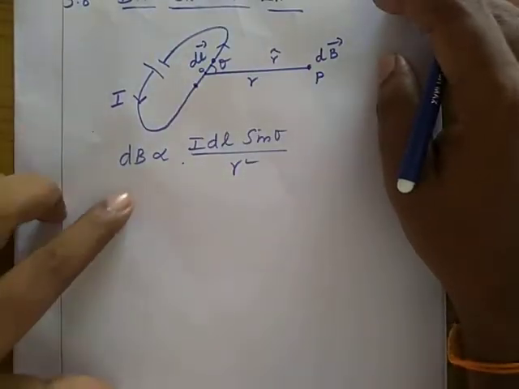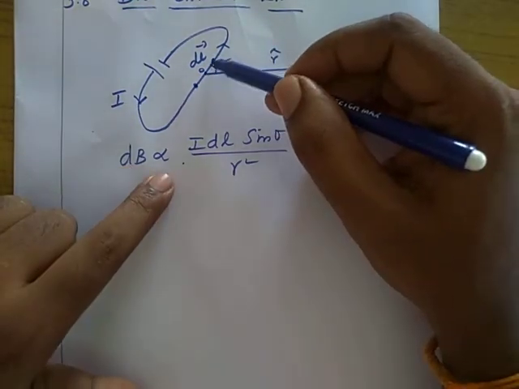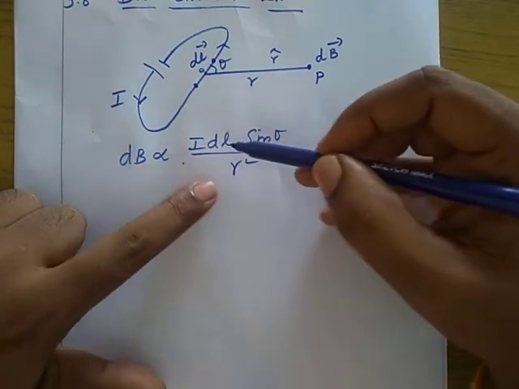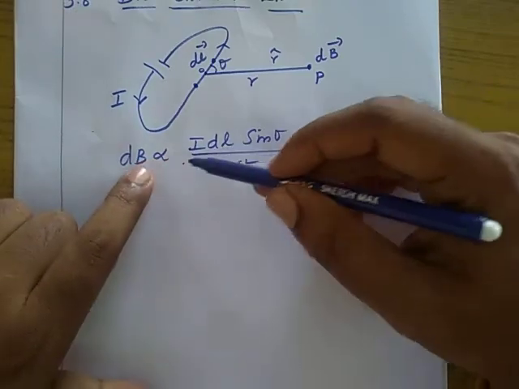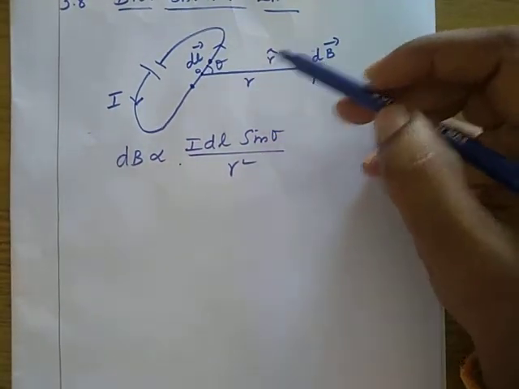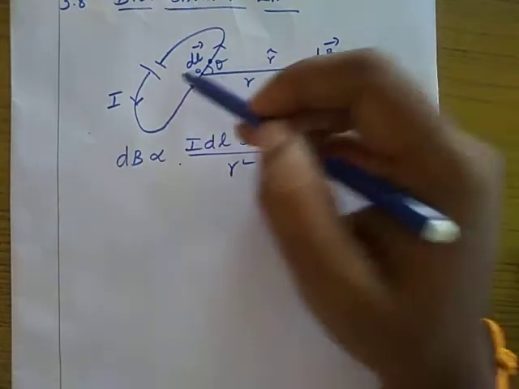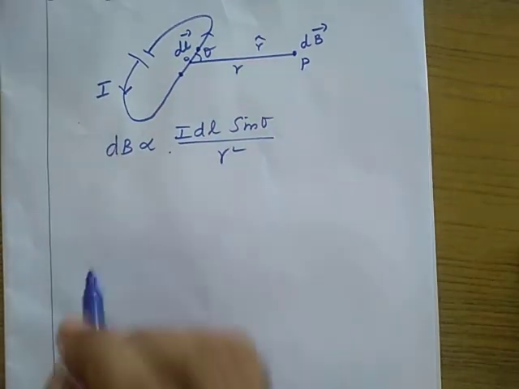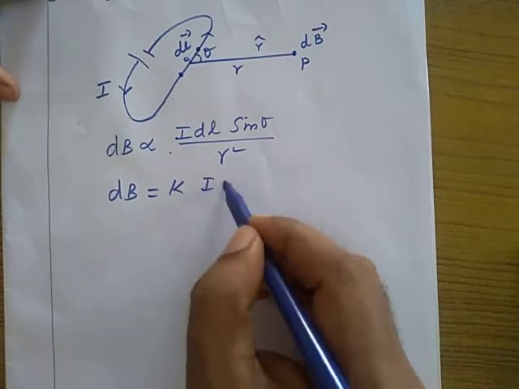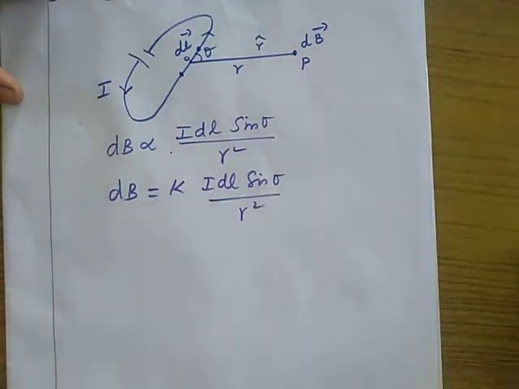The magnetic induction produced at the point due to a small length element carrying current is directly proportional to the strength of the current, the length element, and the sine of the angle between dl vector and r cap, and inversely proportional to the square of the distance between the point P and the length element. We can rewrite this as dB is equal to k I dl sin theta by r square.